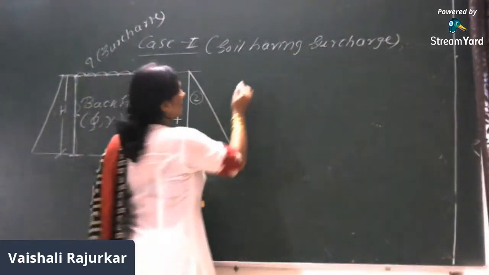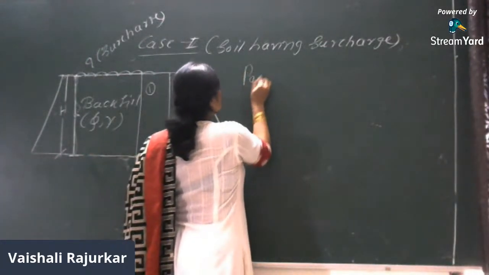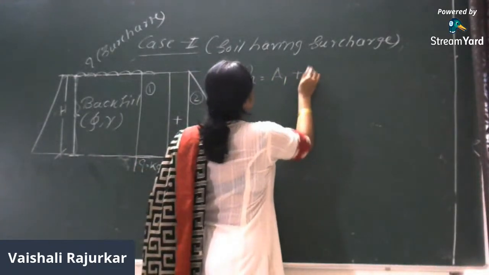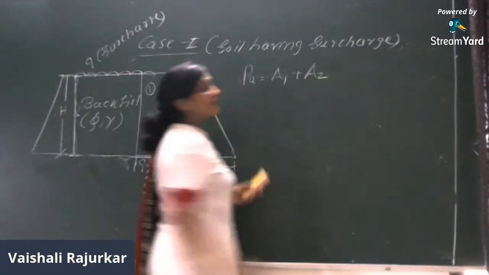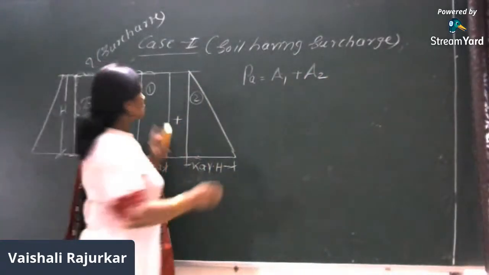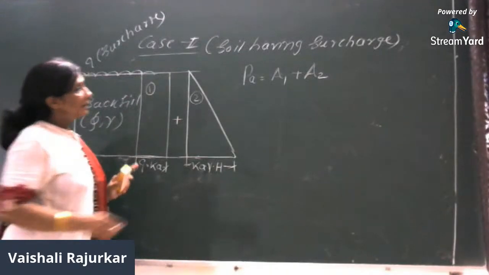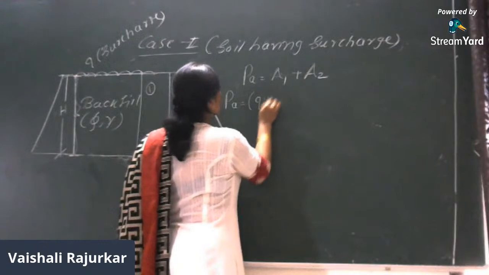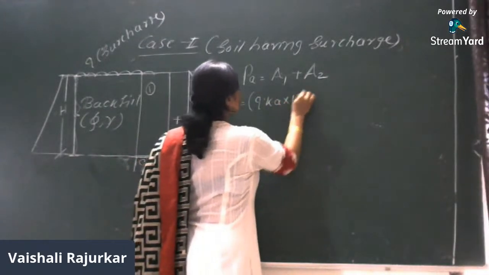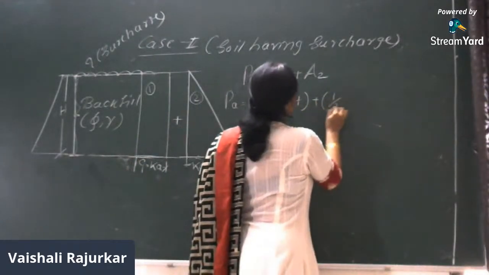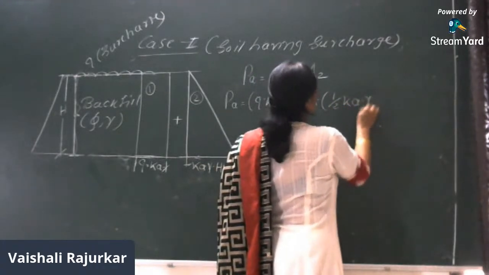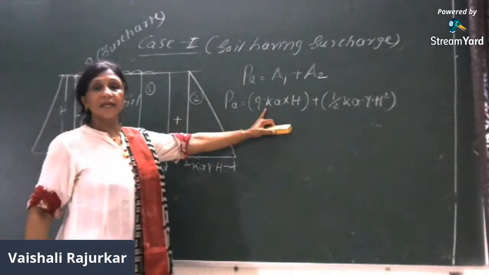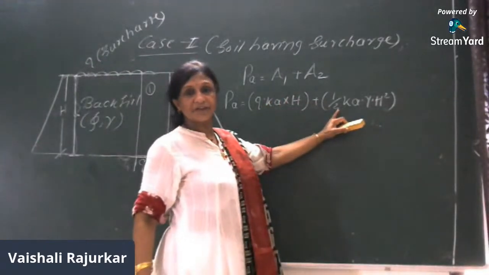First we will determine PA, which is the area of the first distribution diagram plus the area of the second distribution diagram, combined. So PA is equal to Q into Ka into H plus half of Ka into gamma into H square. This is the area of the rectangle and this is the area of the triangle.